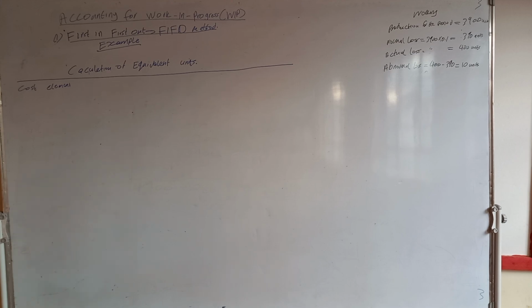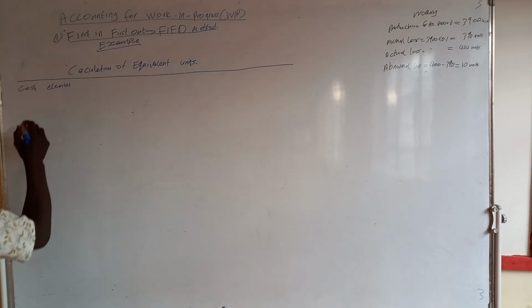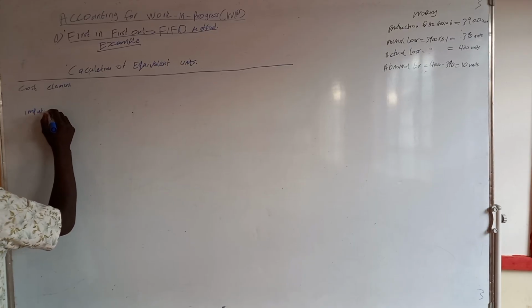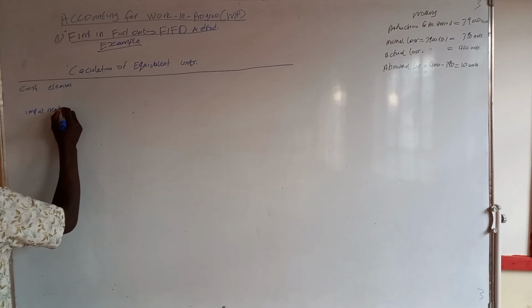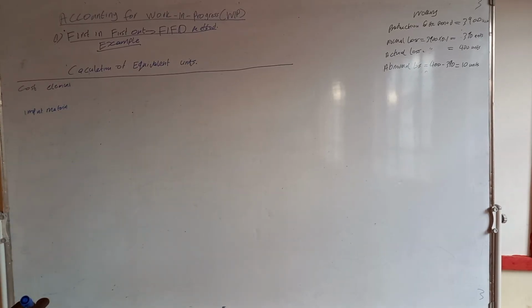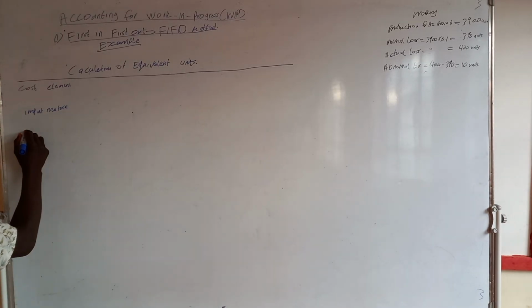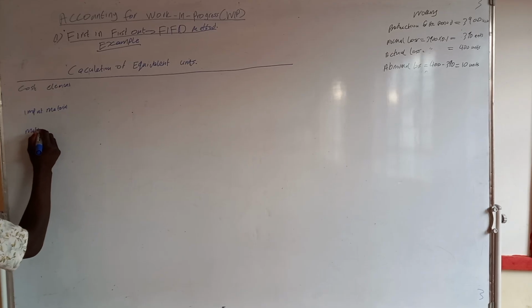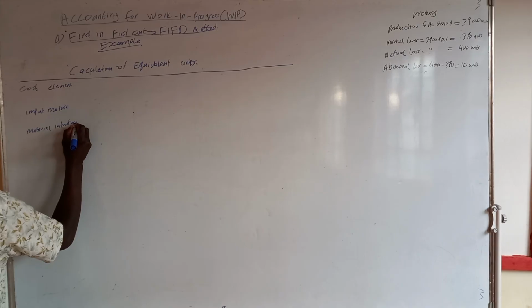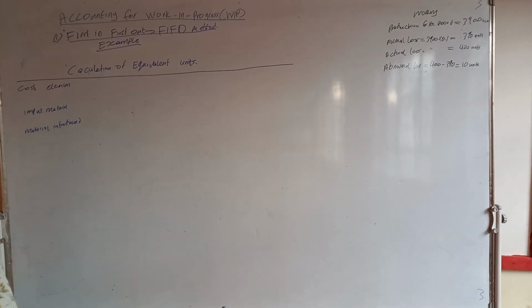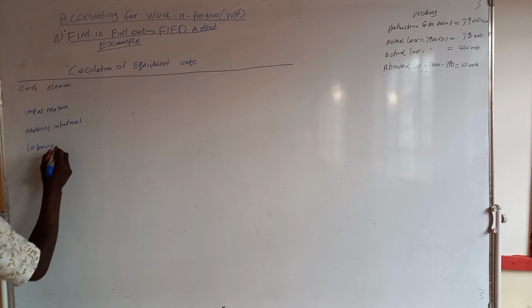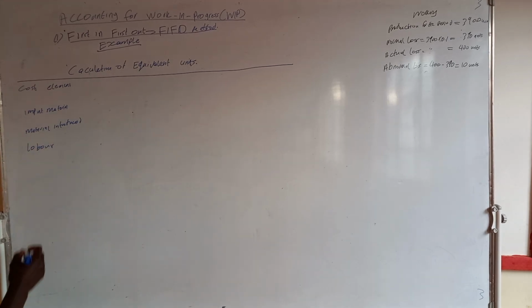And our cost elements include input material, then we have material introduced, we have labor, then we have overheads.